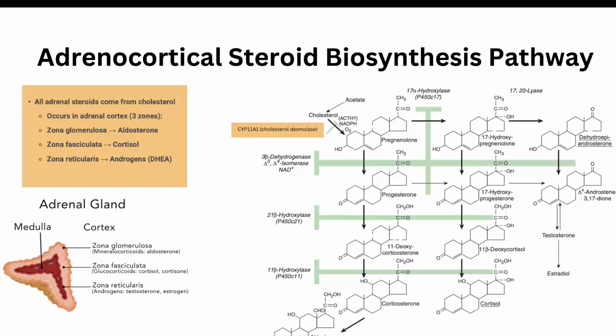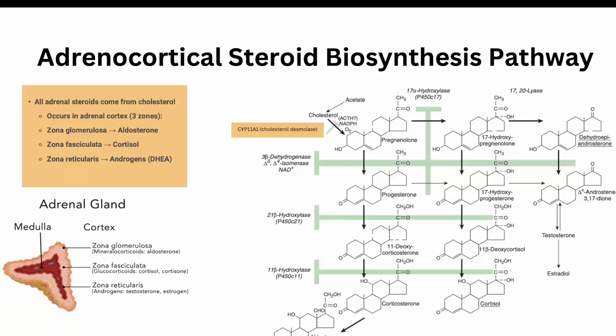the zona reticularis. This is the pathway of adrenocorticosteroid biosynthesis, and it is very important to know how the biosynthesis takes place. This makes you understand how the adrenocorticosteroid inhibiting or antagonistic agents work, and also helps you understand the pathophysiology of some diseases.